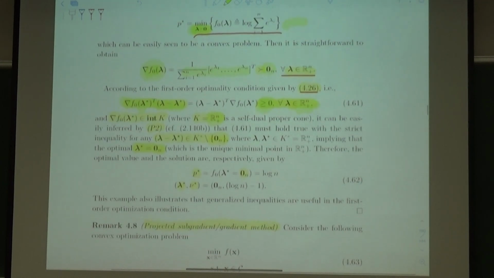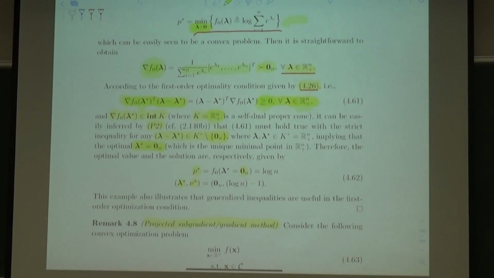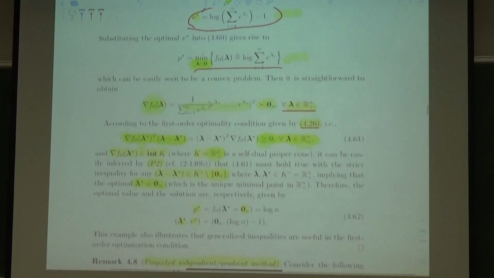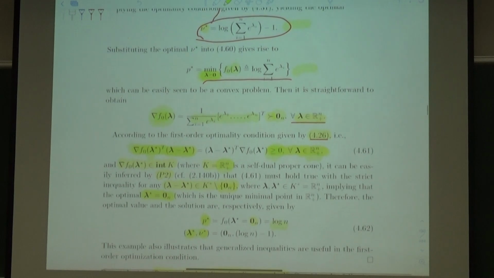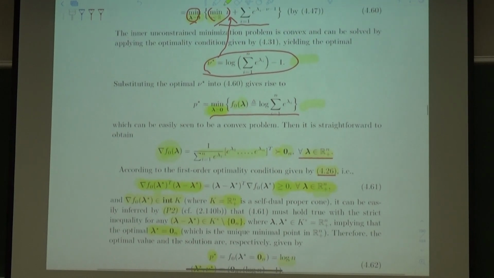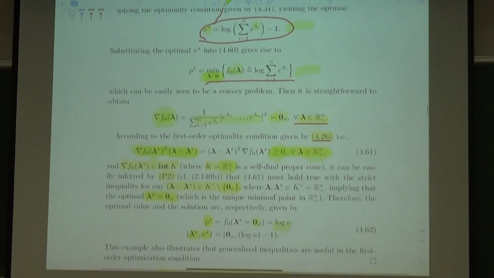So the optimal solution you can infer is 0. So you have lambda star, p star is here, you put in 0. Right? Log n. Okay, log n. Then there's the optimal solution. Then you put lambda here, 0. You get log n minus 1.